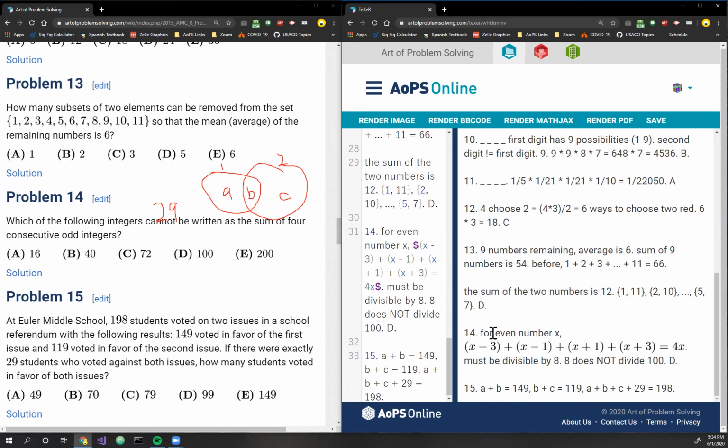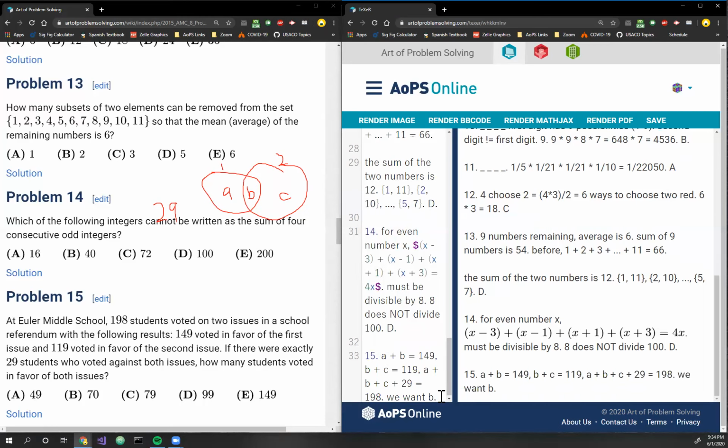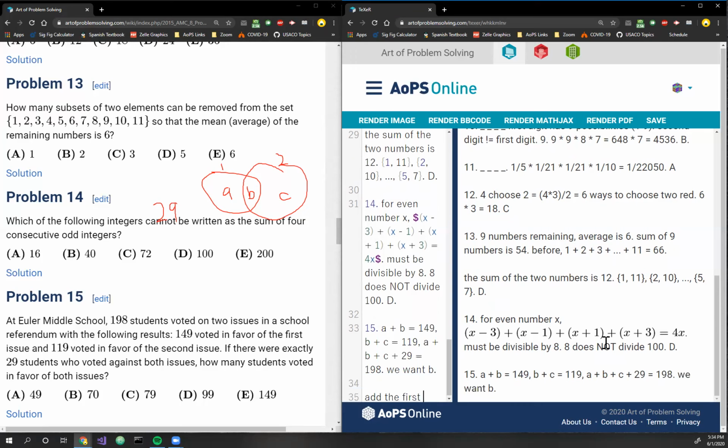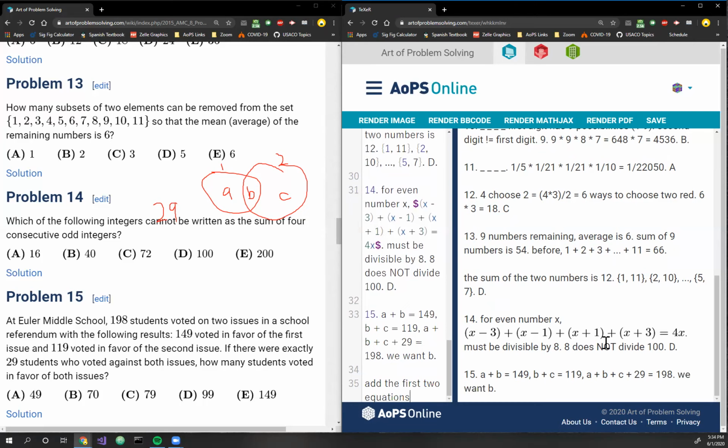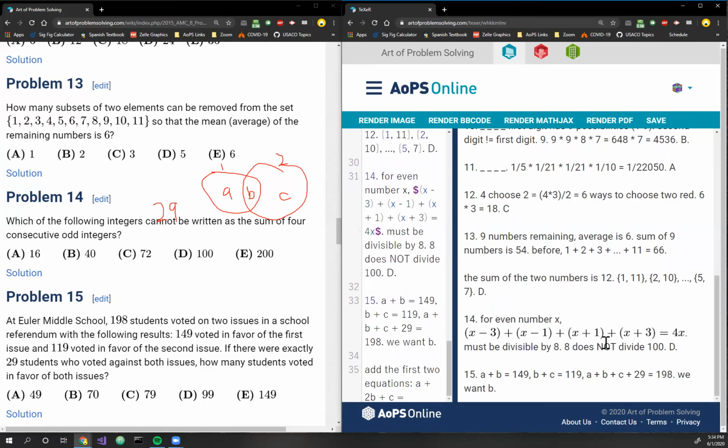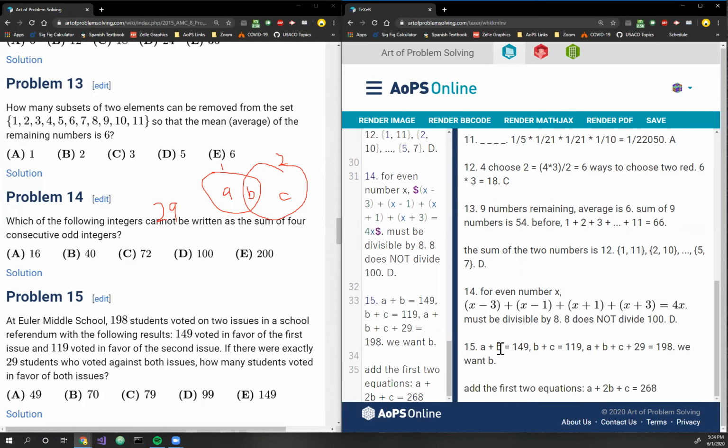Try seeing why this works. 149 comes from everybody in circle 1, including the intersection. We want B. Therefore, we don't have to compute A, B, or C. If we add the first two equations and do some computation, we get this equation.